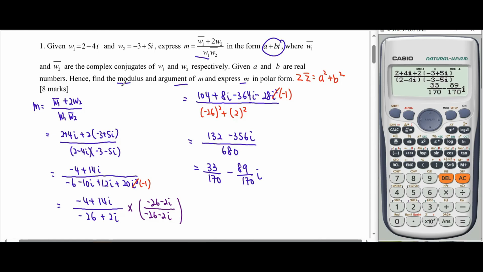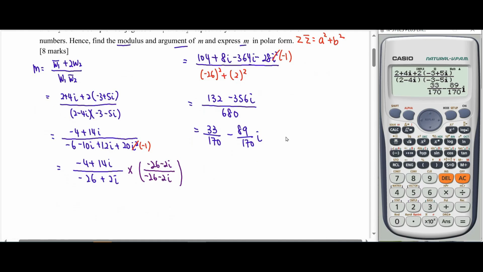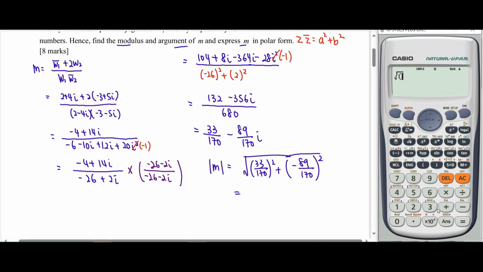Now we can continue. Hence, find the modulus and the argument. So modulus of m will be the square root of a squared plus b squared. Okay, so square root, put in the bracket here, 33 over 170 squared plus 89 over 170 squared.